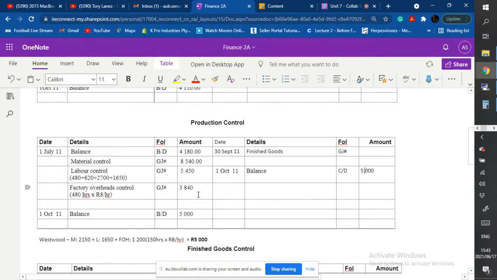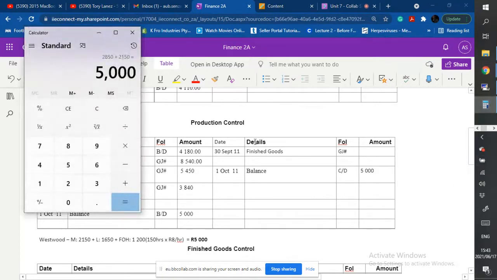So then all we need to do here is say, okay, cool. Here we can tell this is the bigger side. Not all of it is going to be posted to finished goods. So we quickly calculate what is the total. Let me just keep it simple. 1 plus 8,540 plus 5,450 plus 3,840.